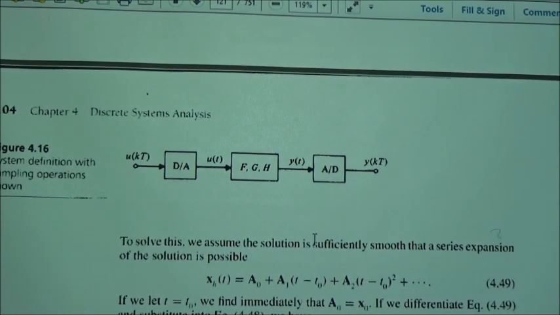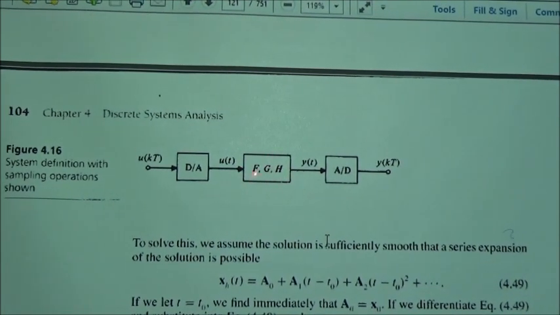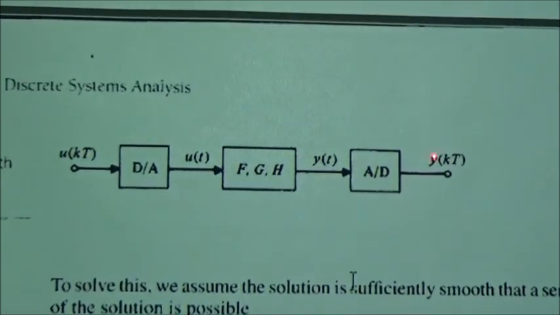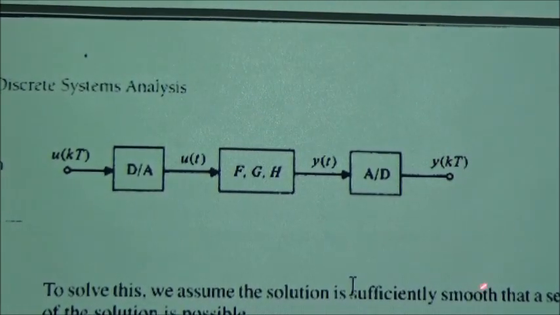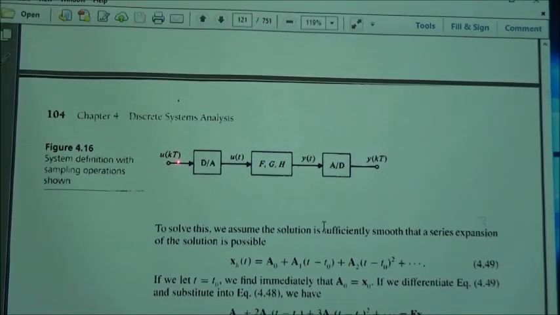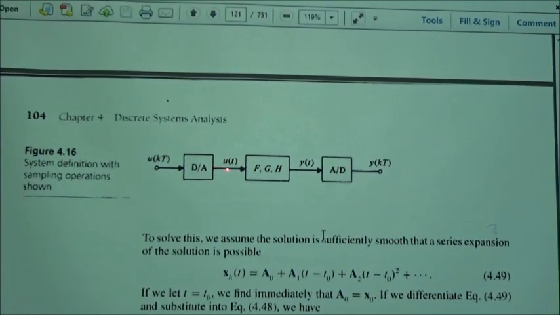Now here is your analog system F, G, and H. You have an input u and output y. Both of them are analog. The analog signal goes to A to D, becomes digital, and goes through a digital controller, which possibly gives you an input in digital form. Then digital to analog moves it back into analog form in terms of a voltage, and then your system will be done.